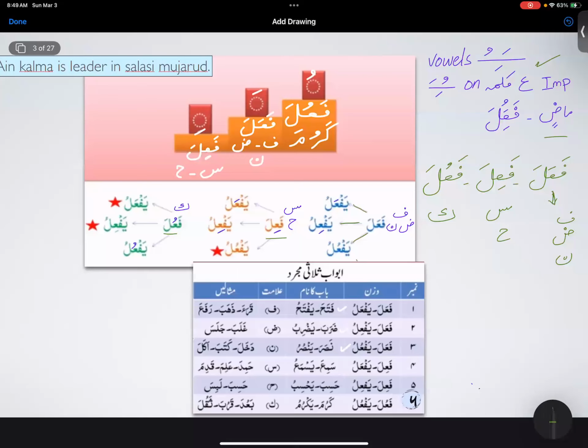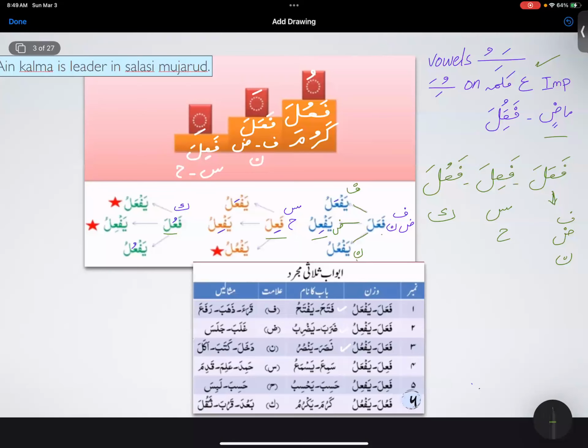So from fa'ala we got fa'ala, yaf'alu, which is fataha, yaftahu, and then daraba, yadribu, and then nasara, yansuru. So we got all these three variations.